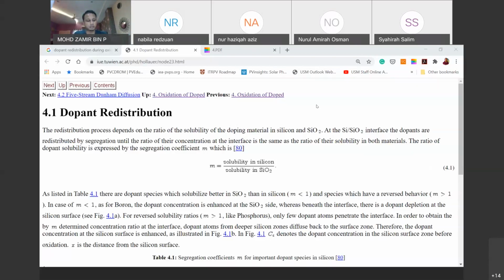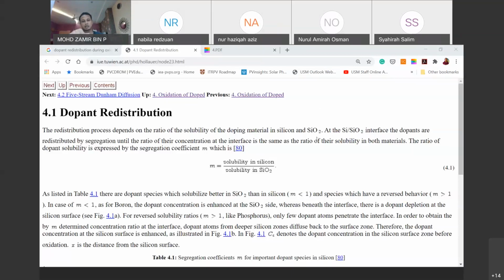So the concentration is also affected by the segregation of the dopants in both materials, silicon and silicon dioxide. So the ratio of dopant solubility is expressed by the segregation coefficient here. So this is also proportional to the concentration of the dopant in silicon and silicon dioxide.